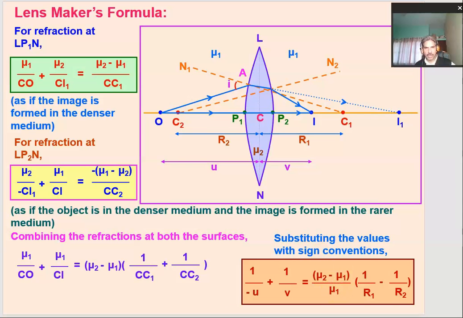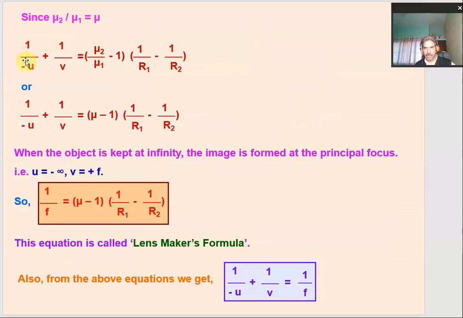So on the left hand side we have minus 1 upon u plus 1 upon v, which is equal to mu2 upon mu1, which is nothing but mu, because the medium outside this lens we are taking as air, so mu2 upon mu1 we can simply write as mu. Here mu1 is the air medium, mu2 is the refractive index for the denser glass medium, minus 1, and inside the bracket we have everything the same. So we are just writing mu in place of mu2 upon mu1. So we are getting this final result.